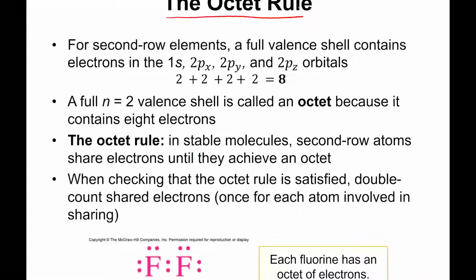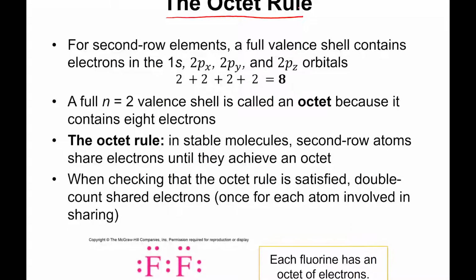It has 1 s, 2 p's of the x direction, 2 p's of the y direction, and 2 p's of the z direction, ultimately adding up to 8. And because 8 is the max at this point, we call it an octet because it contains 8 electrons. So generally, a stable molecule in second row atoms is going to share electrons until they achieve an octet.